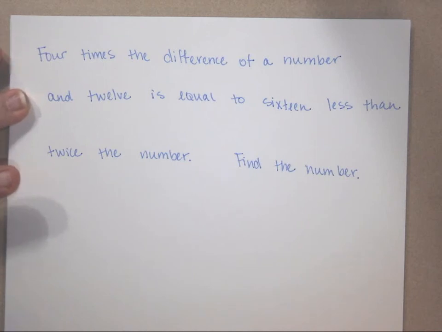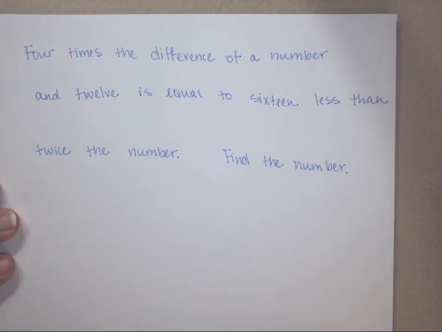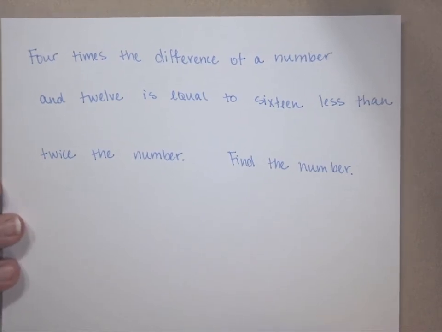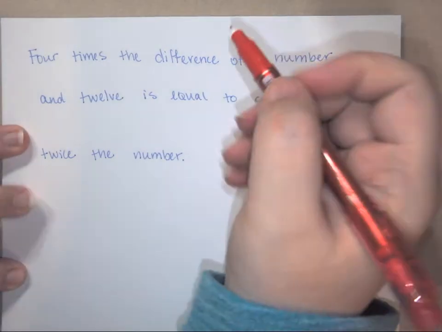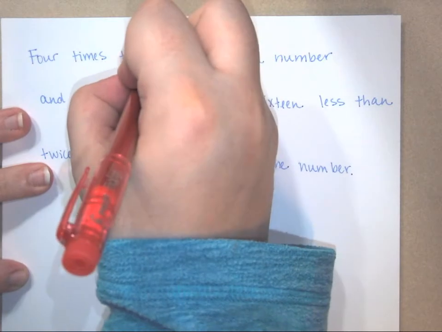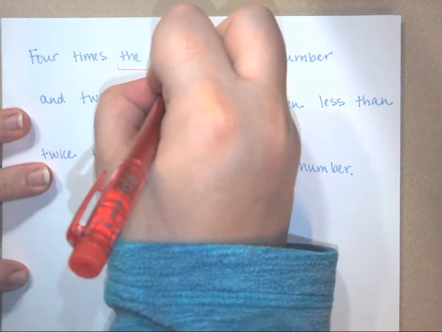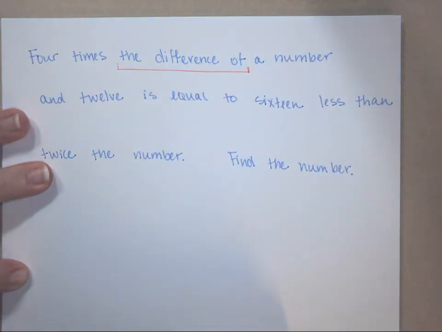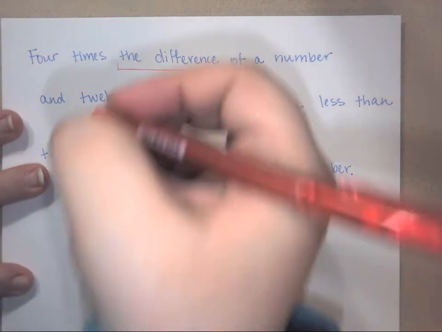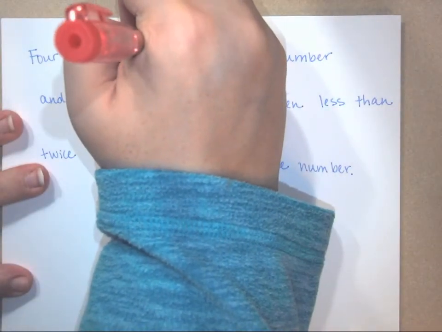Now these problems, I know for a fact, give students a lot of trouble. So let's break this down. We have a lot of clues in this sentence that we need to pay attention to. First and foremost, the biggest clue that we have right here is we have the difference of. Okay? So the difference of, this means subtract.